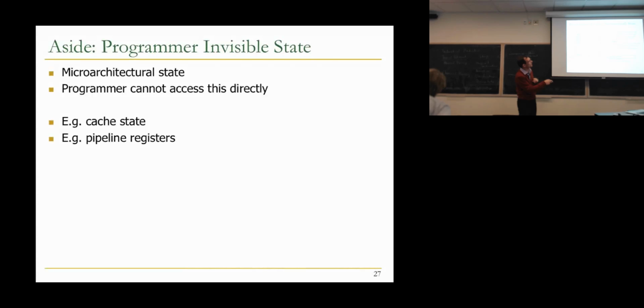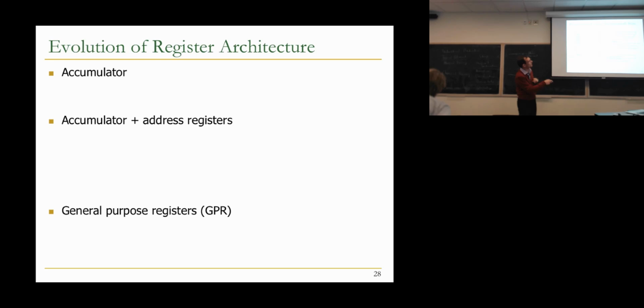So registers have not always been general purpose registers. For example, we've seen, well, it's gone now, but we've seen destination register, source register specifiers over here, right? In an accumulator architecture, you just have an accumulator, right? In a stack machine, actually, you don't have registers. In an accumulator architecture, you have one register, that's the accumulator.